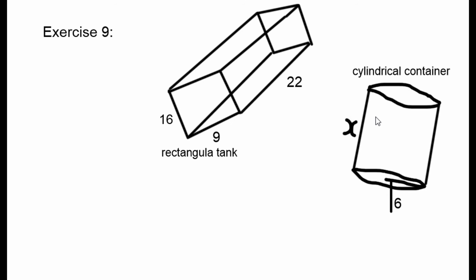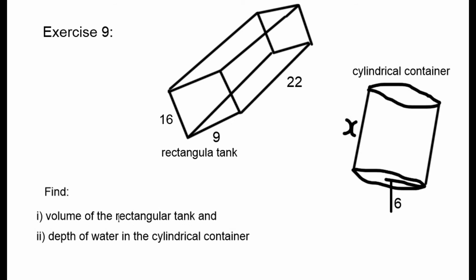We are asked to find the volume of the rectangular tank filled up with water and the depth of water poured into this cylindrical tank with radius 6 cm. If you find the depth of water, that's to say the height, definitely all the water is also poured and filled up in this cylindrical container.